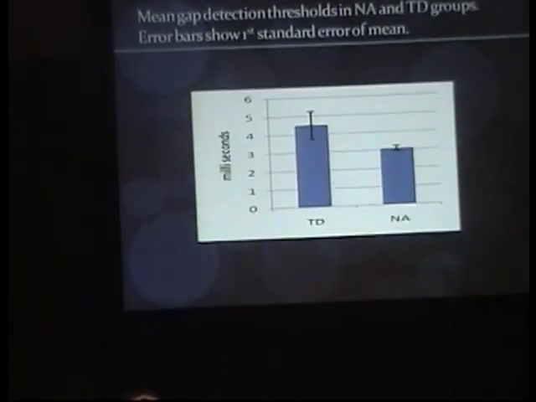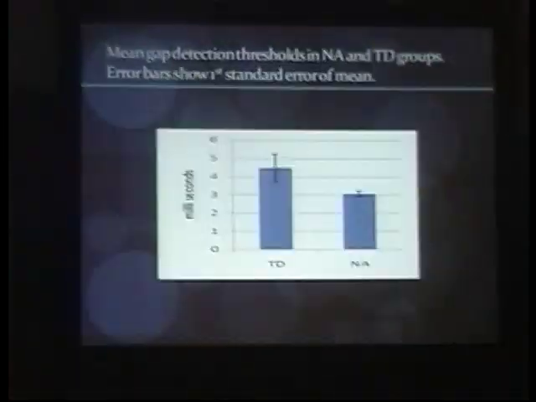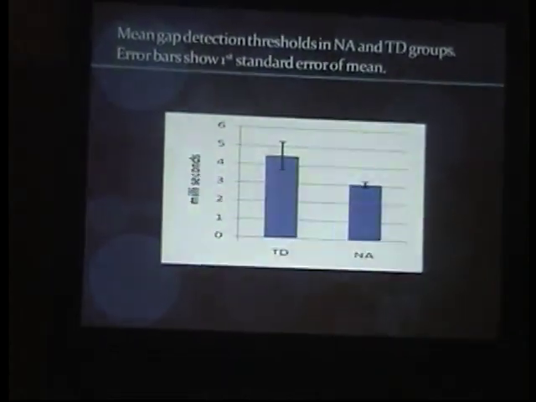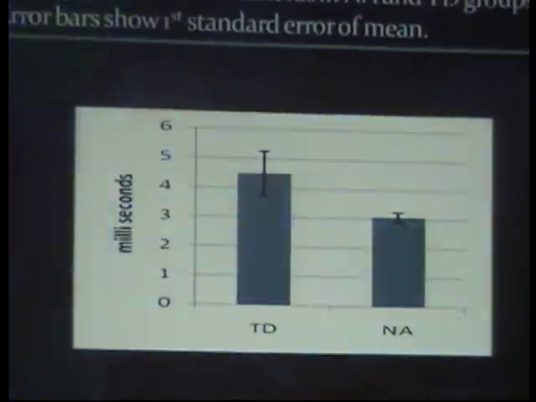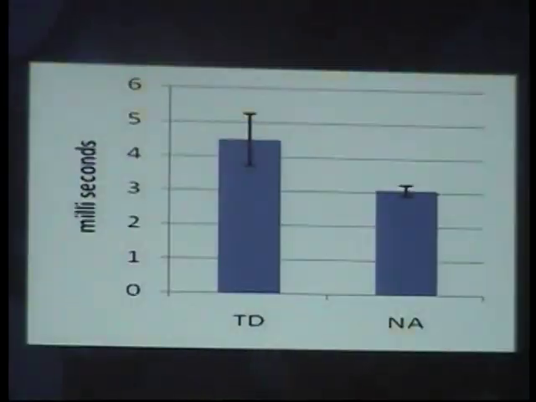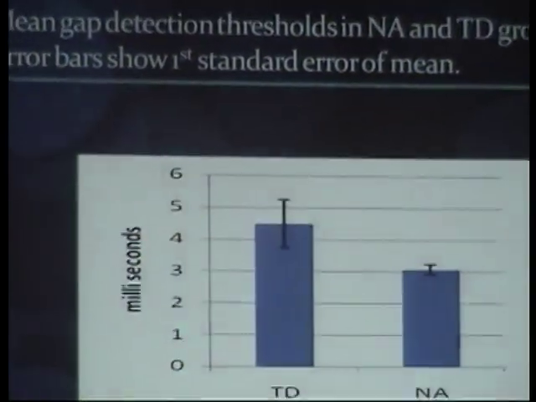As you can see in the picture, on the left-hand side are the gap detection thresholds of the train drivers, which are obviously much higher compared to the control group on the right side. So this shows increased gap detection thresholds, indicating poor temporal processing skills.